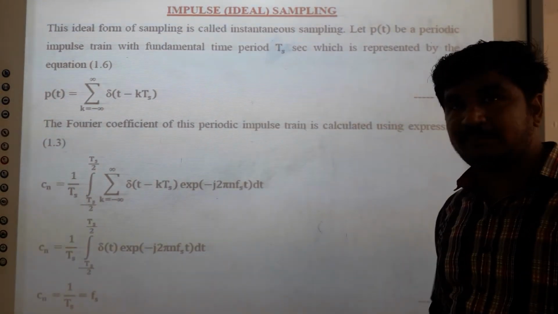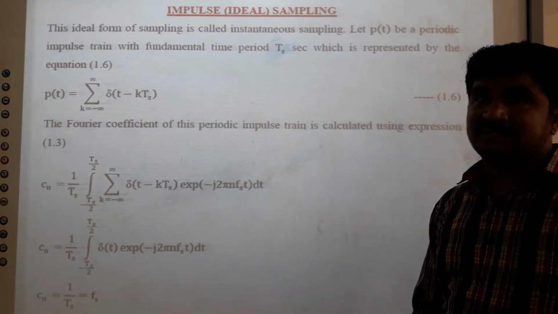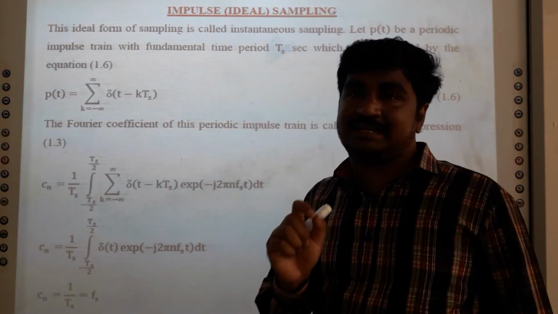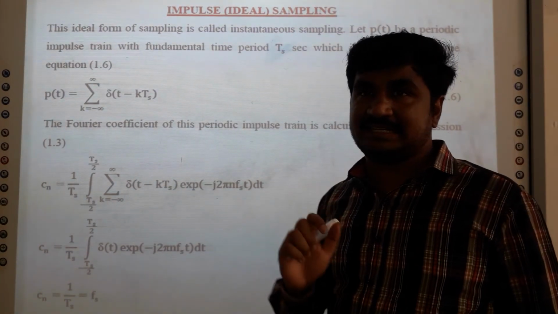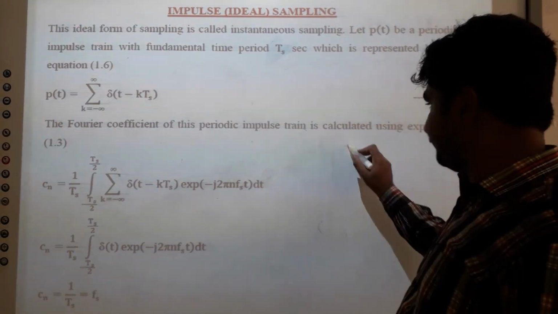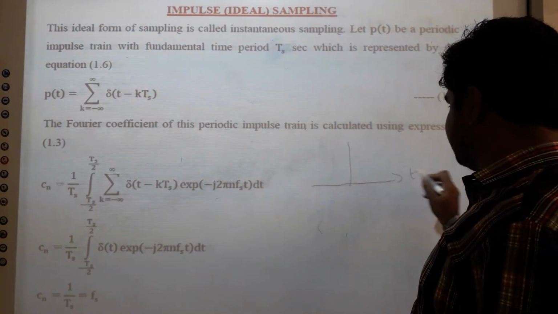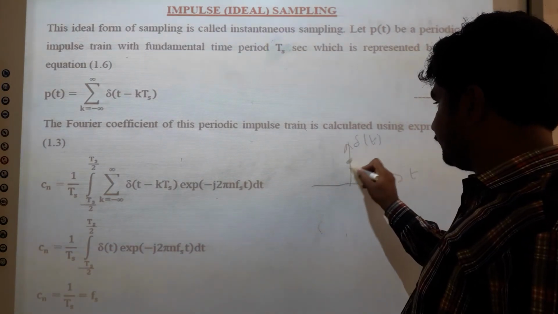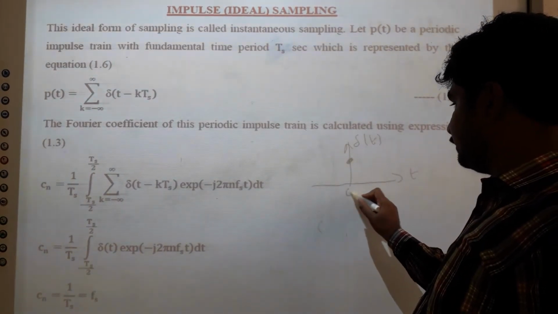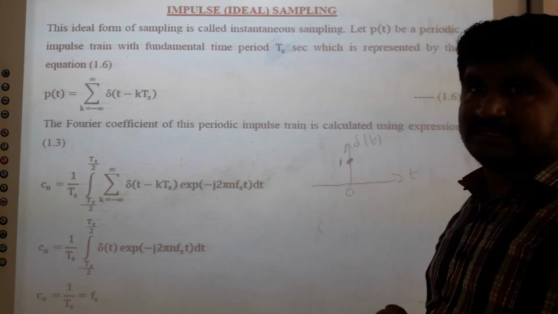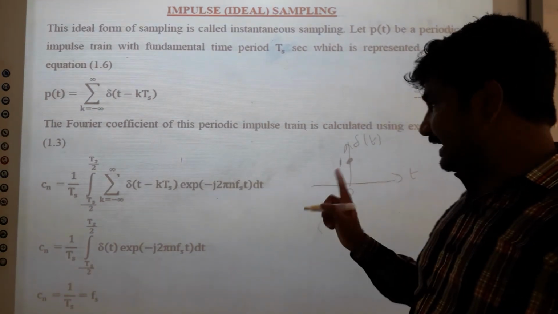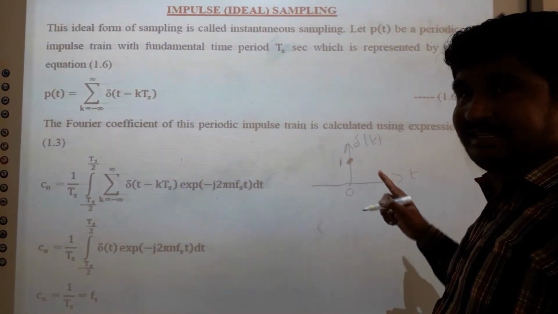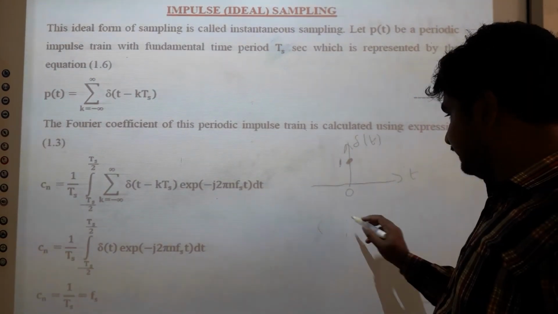Okay, first we will deal with the ideal sampling. So in ideal sampling, the sampling signal should be the ideal impulse train signal. So we will represent one impulse signal as del of t, and it is having the amplitude of 1 at t is equal to 0. And the same kind of impulse will be repeated at Ts, 2Ts, 3Ts likewise.